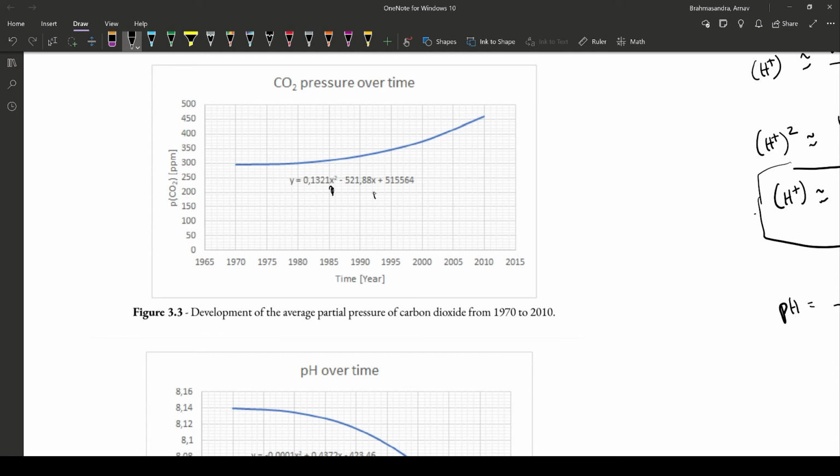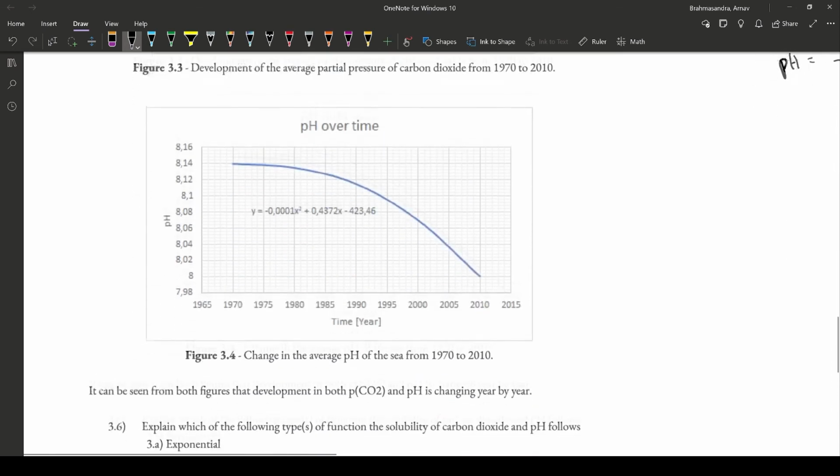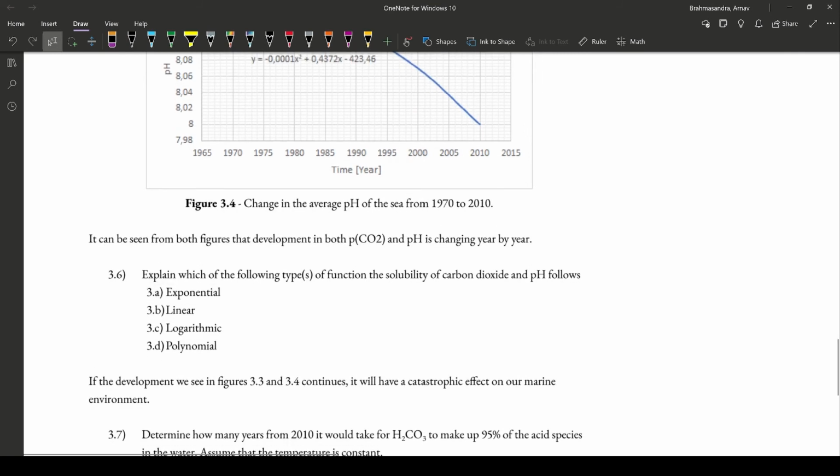We have an x squared term, an x term, and a constant. And so we have a quadratic. So the solubility of carbon dioxide is going to have a quadratic or polynomial function, right?